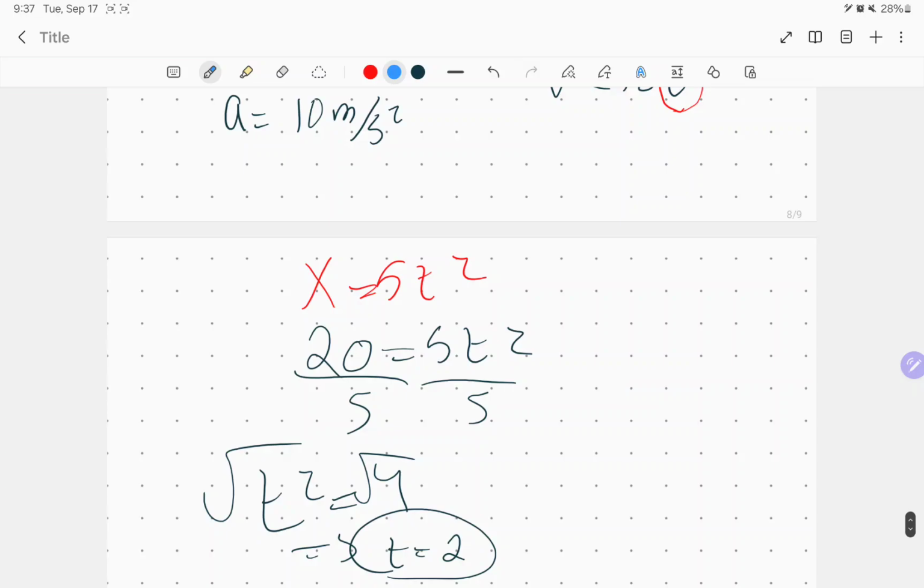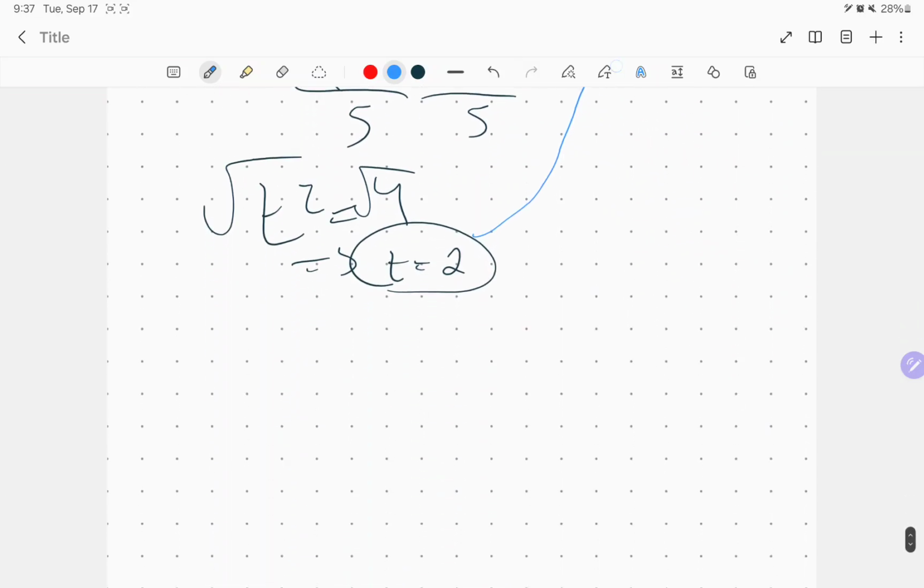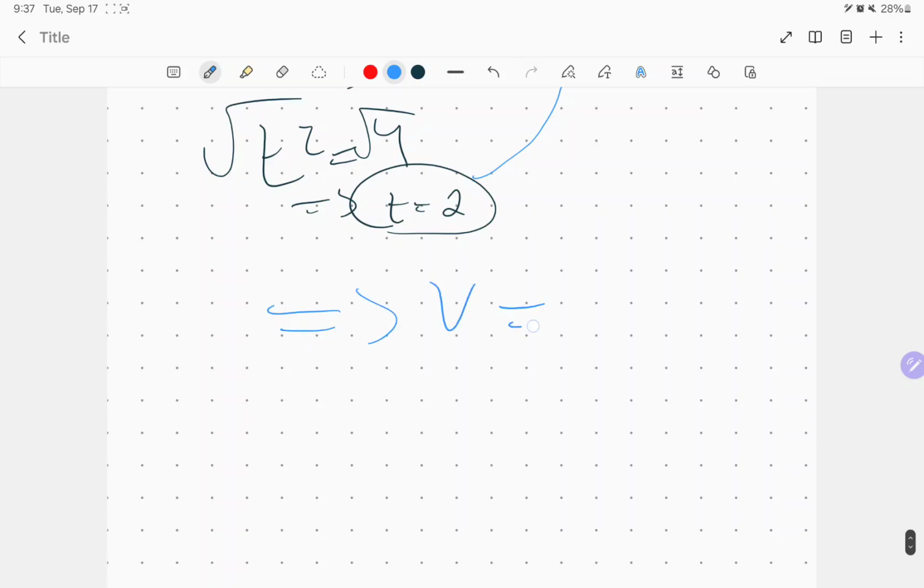After finding this t, substitute the value of t over here. So velocity equal to 10t, so 10 multiplied by 2 equal to 20 meters per second. Pay attention, sometimes I have to use 2 or 3 rules to get the answer.